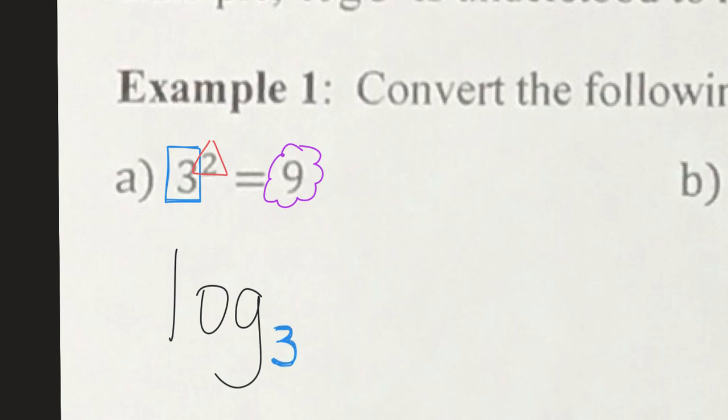What is the answer for your exponential? 9, and that becomes the argument for your log. And then what is the power of your exponential? 2, and that becomes the answer for your log. Okay, and that's all we have to do. Right? If we're going to rewrite an exponential as a log, you first start by writing the word log.